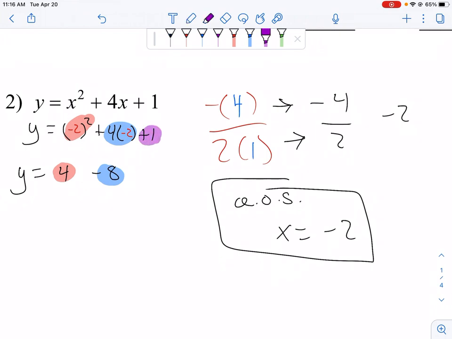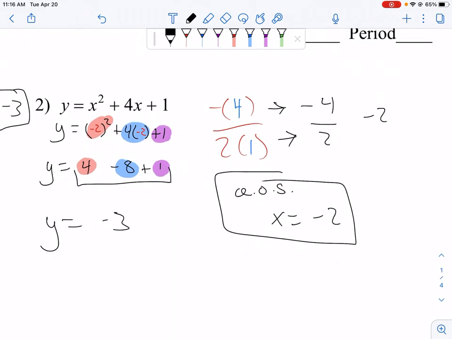And this 1 isn't changing, so I'm just going to bring it down plus 1. And then we can add all of these together or combine them together. And 4 minus 8 is negative 4, plus 1 is negative 3. So for this one, our vertex, when x was a negative 2, y is a negative 3.